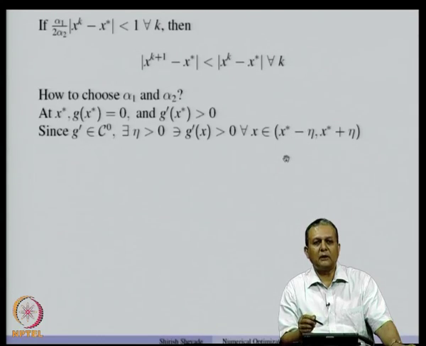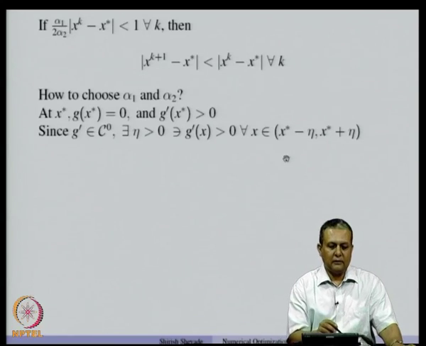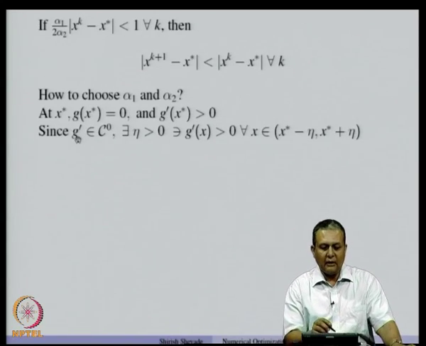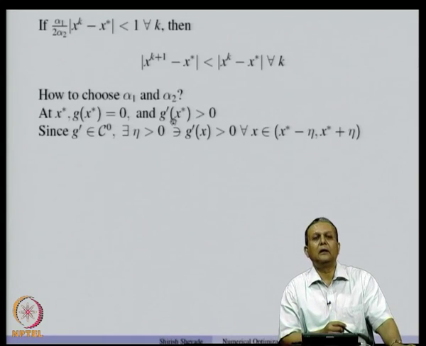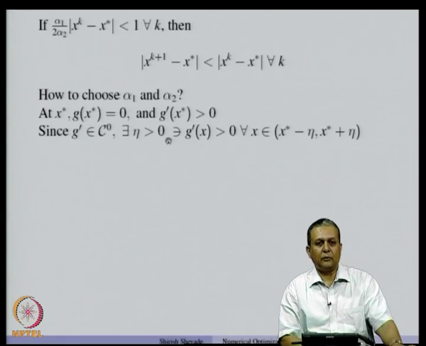That is because of the continuity of g', and we know that g' of x star is greater than 0. So, at least in the neighborhood of x star, g' has to be greater than 0.